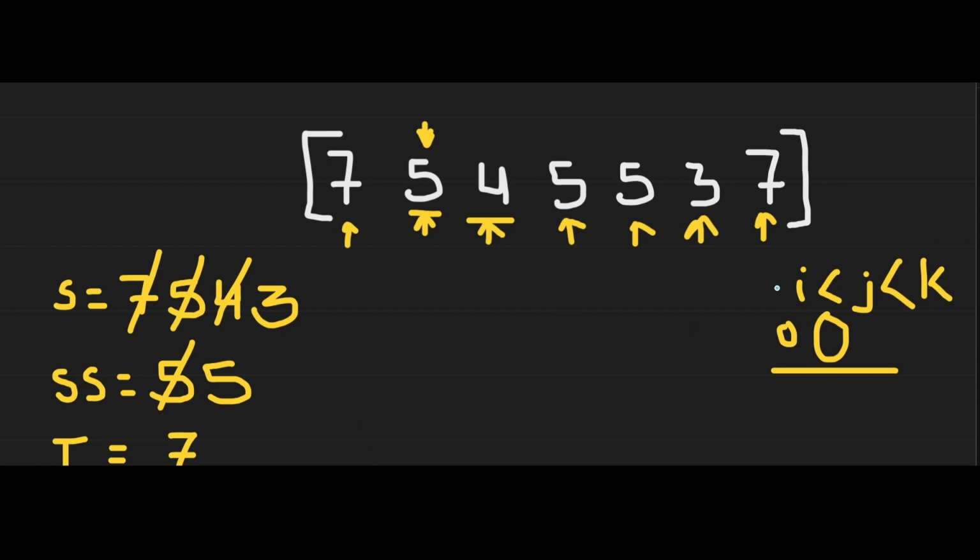But wait, our problem says that the condition i should be less than j and j should be less than k should be satisfied. But here we see that i is not less than j, or i is greater than j. So let's understand this. We have found our third number here. We can find our third number only when we have found our second number. As we have found our second smallest number, we know that its index must be less than our third number because we are iterating through the array.